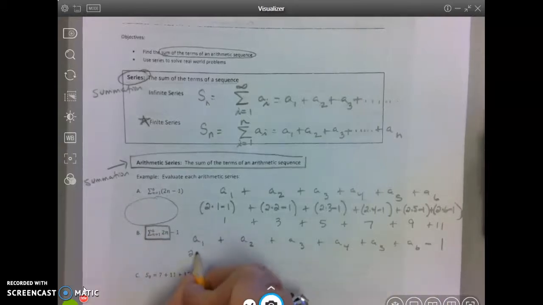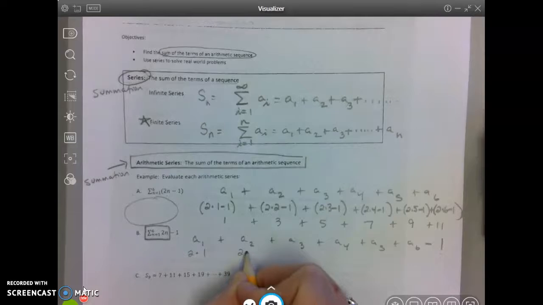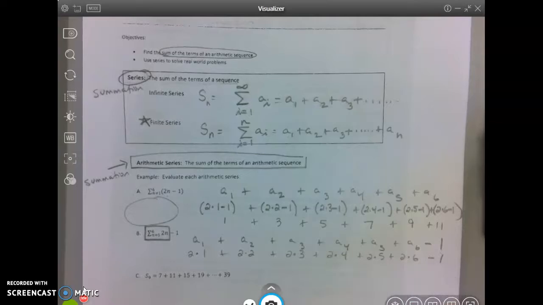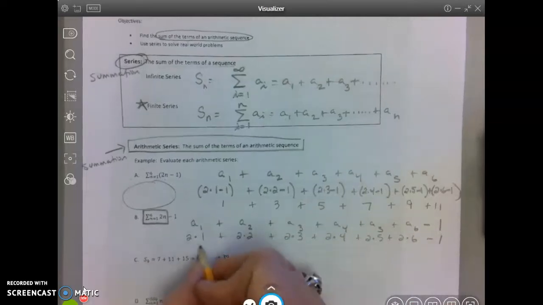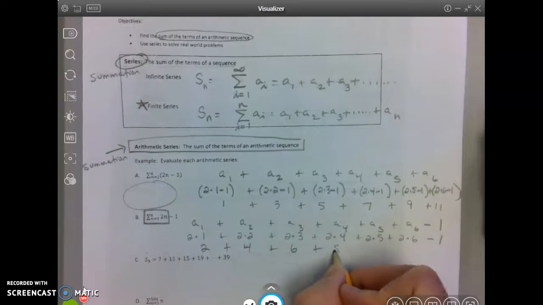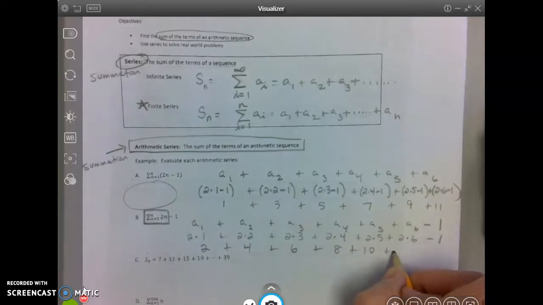So this is going to be 2 times 1, 2 times 2, 2 times 3, 2 times 4, 2 times 5, 2 times 6, and then I'll subtract 1. So I have 2 plus 4 plus 6 plus 8 plus 10 plus 12 minus 1.